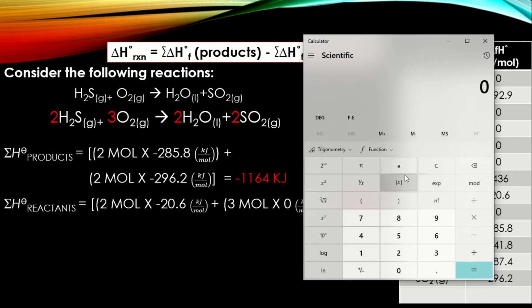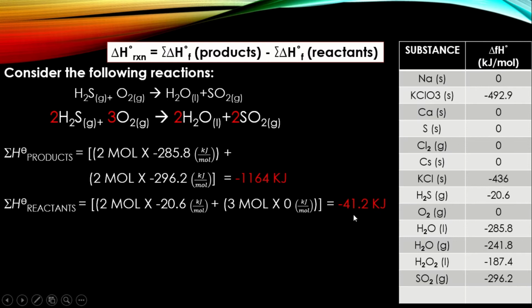So, parenthesis, negative 20.6 times 2, kasi yun yung coefficient ng H2S, plus yung sa oxygen naman, 3 mole times 0. So that means our summation for the change in enthalpy for the reactant is negative 41.2 kilojoules.